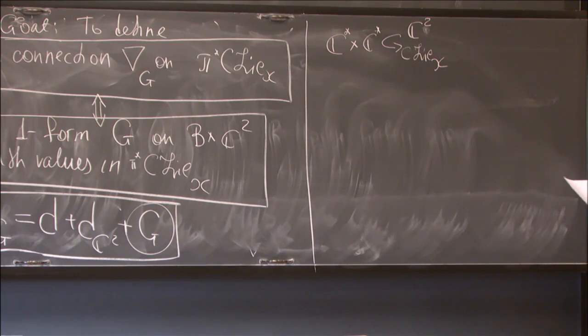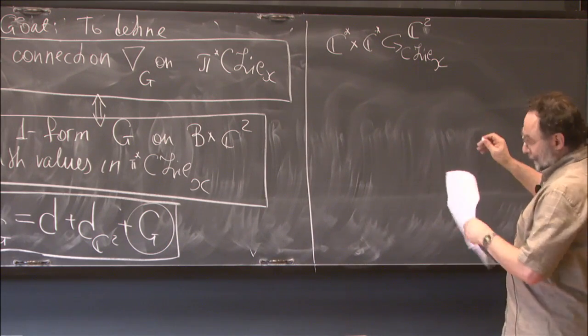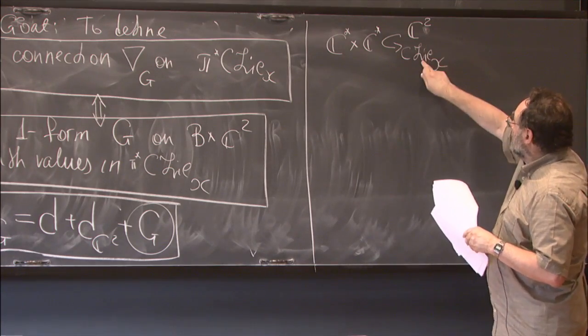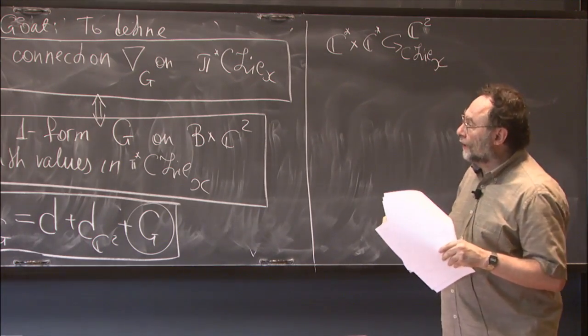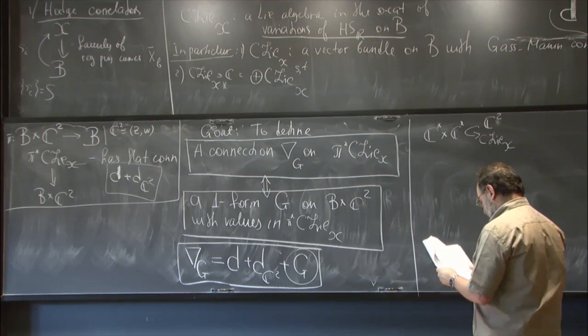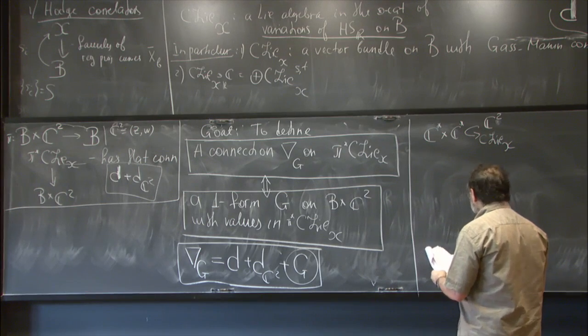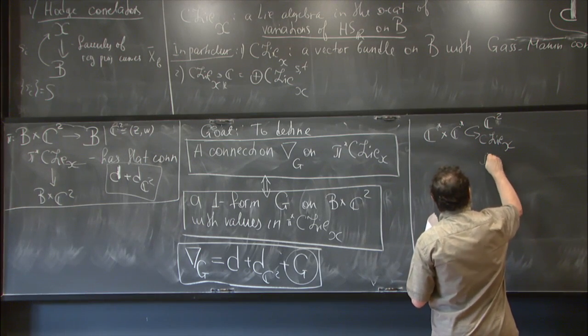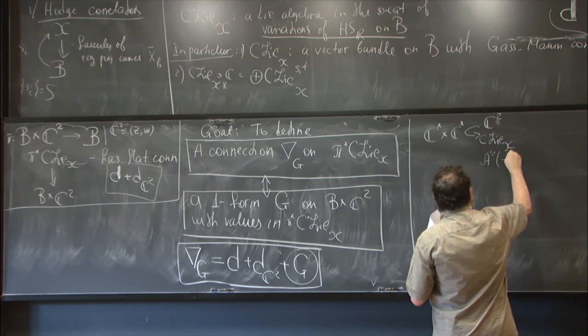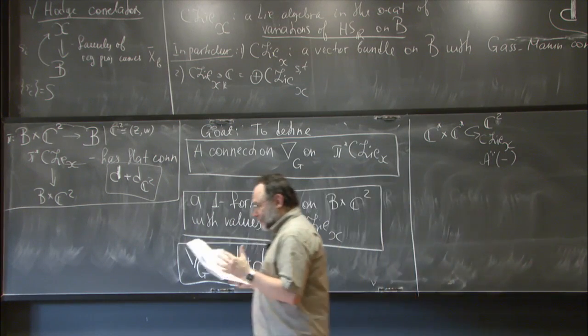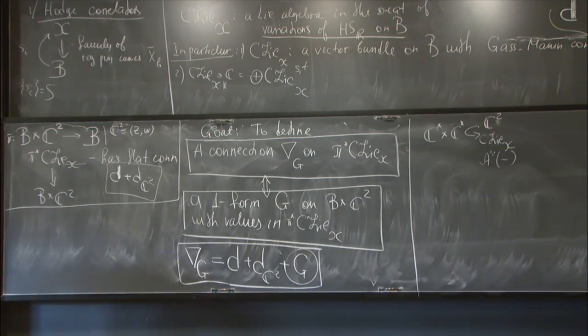But in order to state its properties, I wanted to note that this C star cross C star acts on C2, it acts here because we have bigrading. It was on the blackboard. And it also acts on the Dolbeault complex of any complex manifold. The Dolbeault complex has bigrading, and having this bigrading just means that we have such an action of C star cross C star.